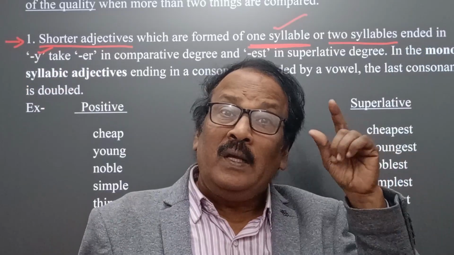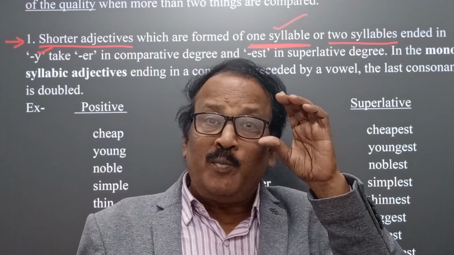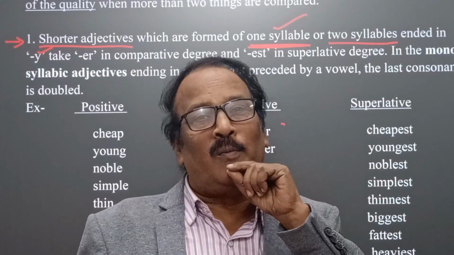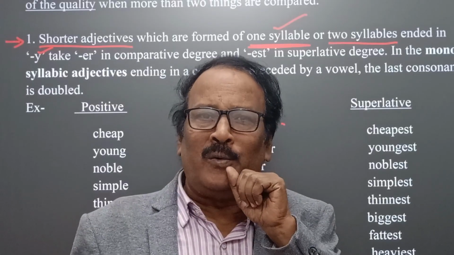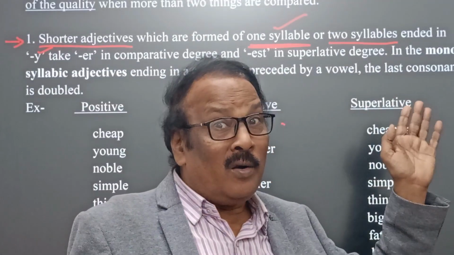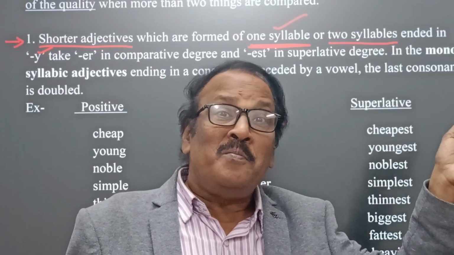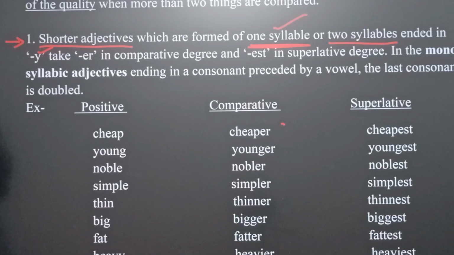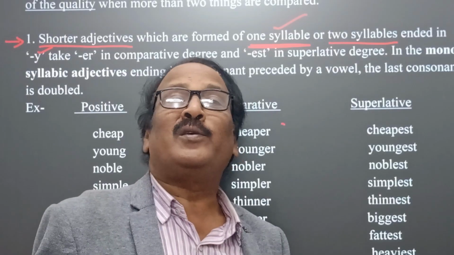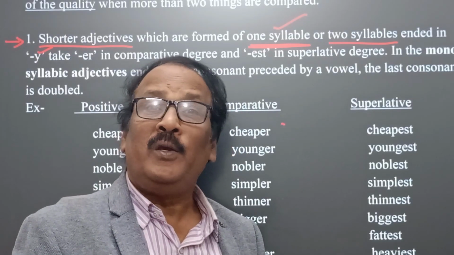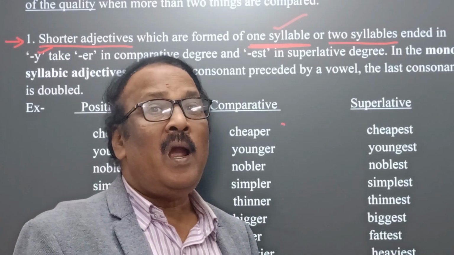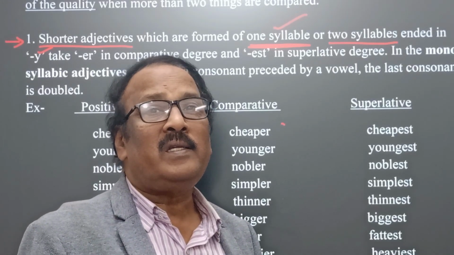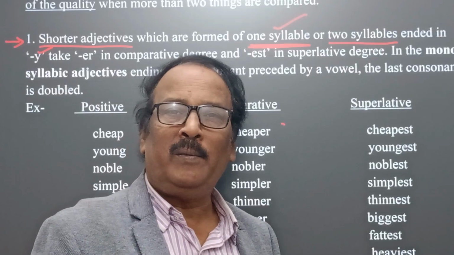Remember, if any adjective is formed of one syllable, yes, having one vowel sound, or two syllables but ended in y, in that case also we use suffix er in comparative degree and suffix est in superlative degree.